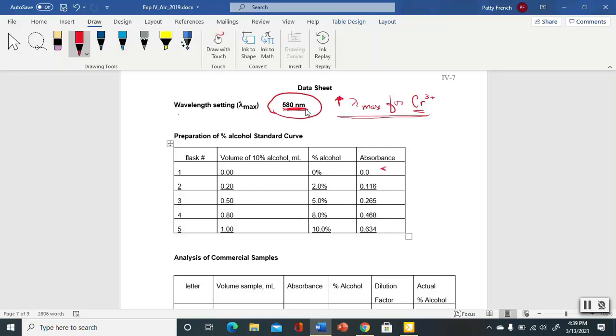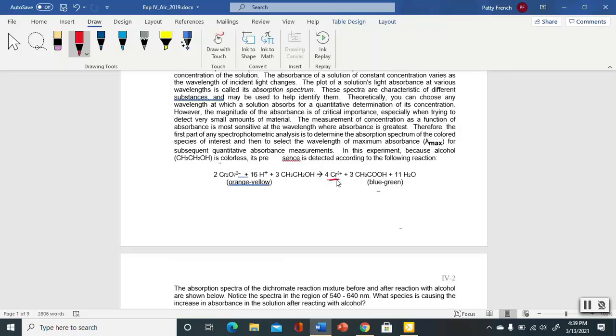Remember, the reason we chose 580 nanometers was it was a relative maximum for the Cr3+. This chromium 3 plus was a direct result of the reaction of our acidified dichromate solution and ethanol.